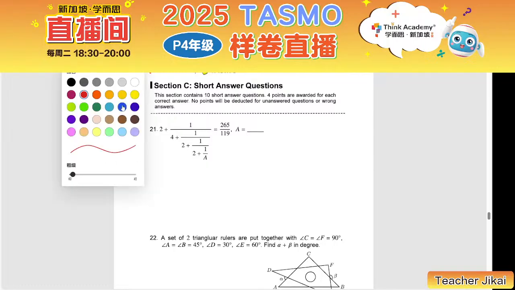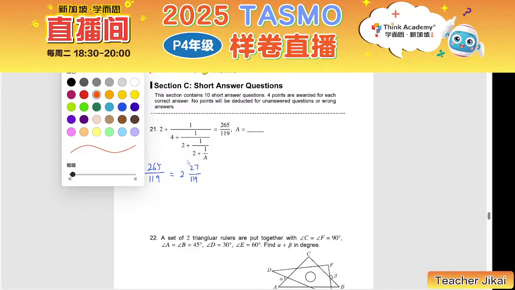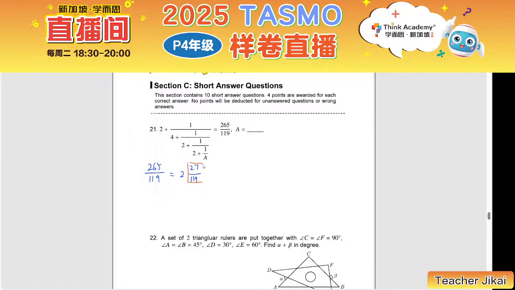So for this, we know 265 over 119 is what? You just make it into a mixed fraction. It is 2 and 27 over 119. So 27 over 119 is this part.